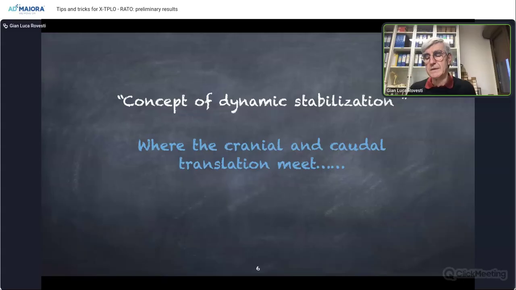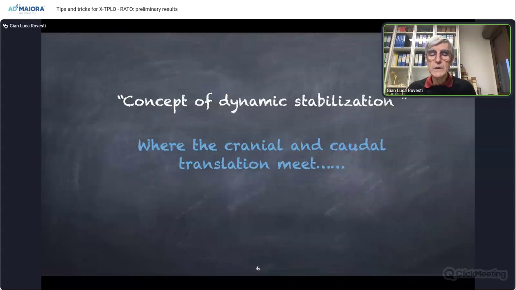What does it mean? It means that we don't have just a cranial tibial thrust that is controlled by the cranial cruciate ligament. We have also a caudal tibial thrust that is controlled by the caudal cruciate.